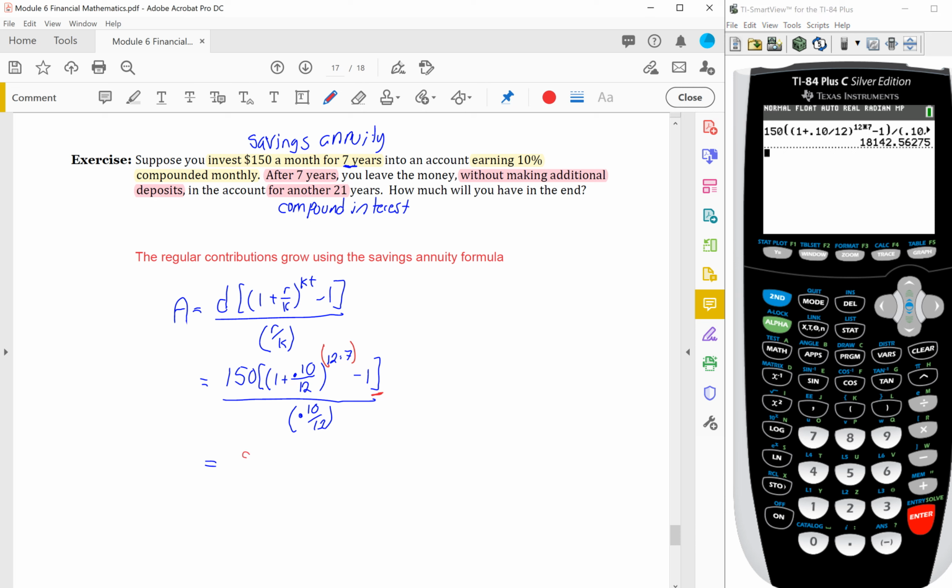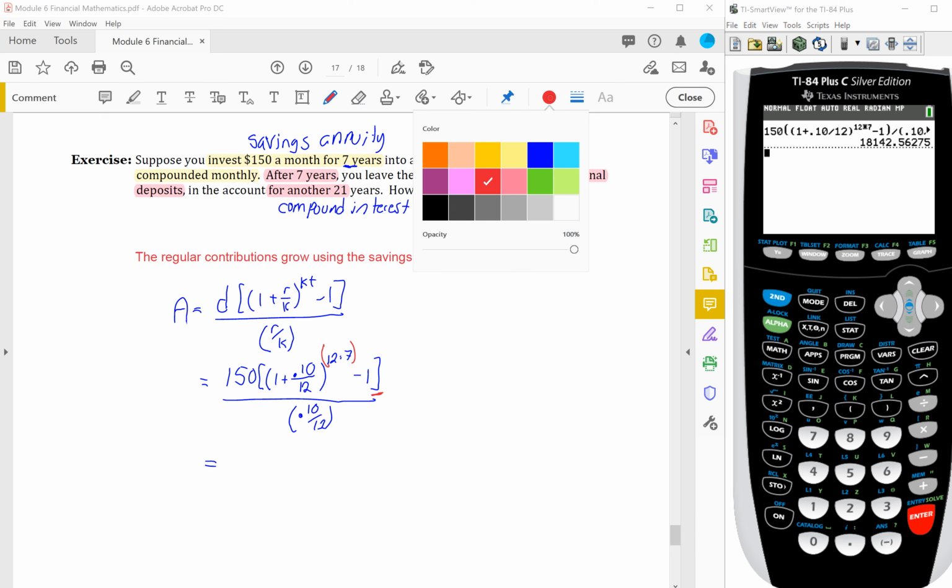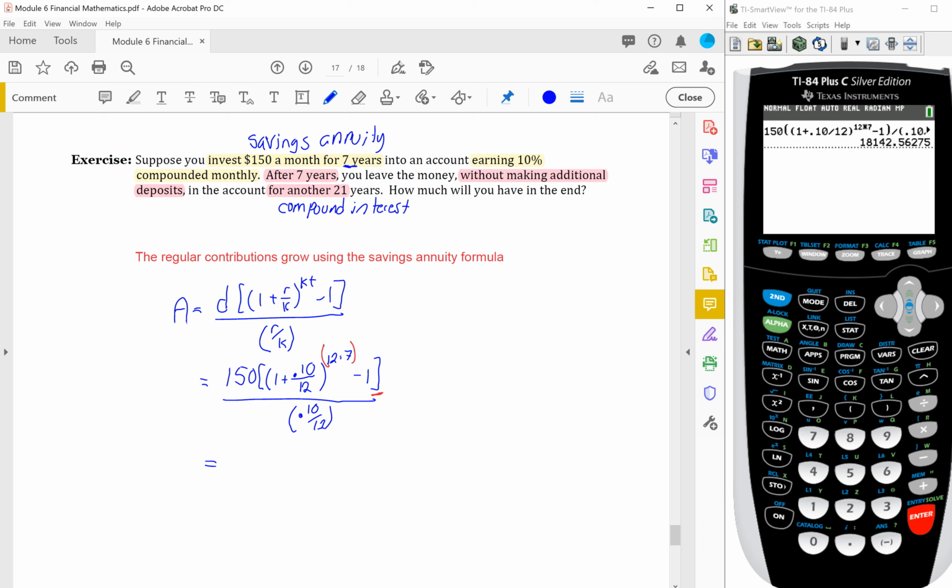Here I get a value of $18,142. And if I round to the nearest penny, 56 cents.